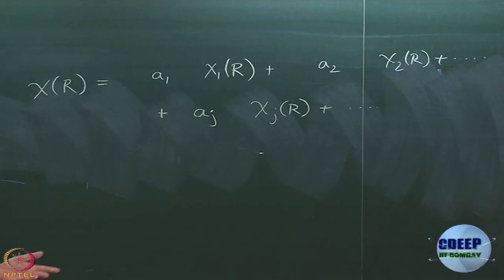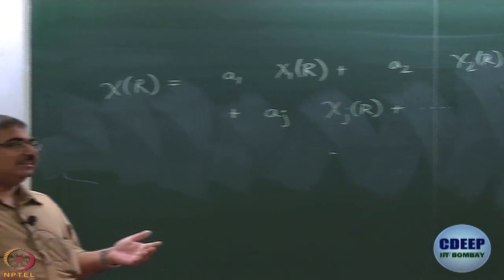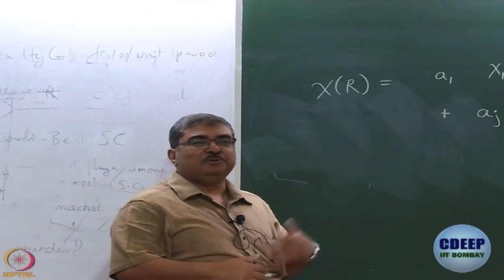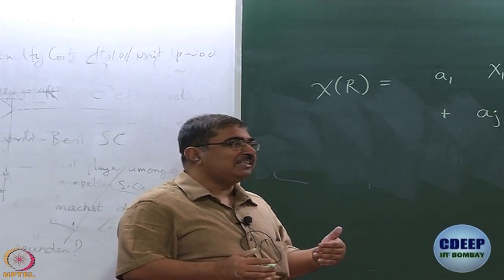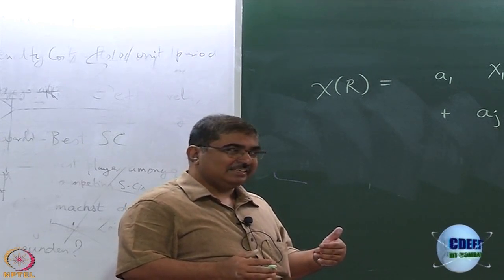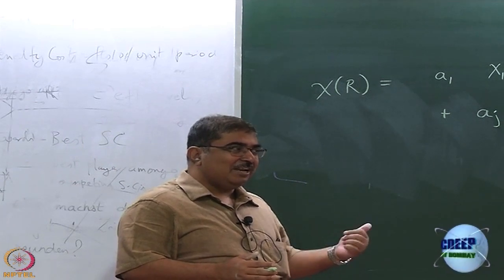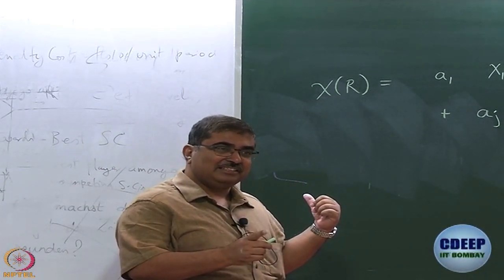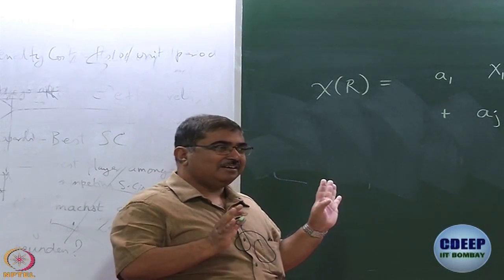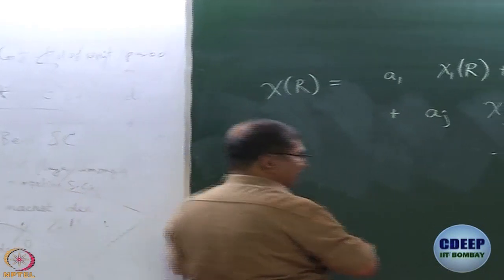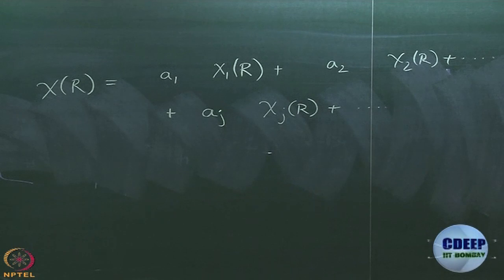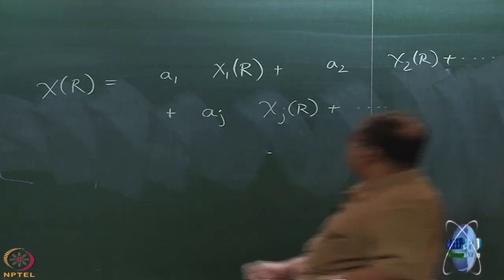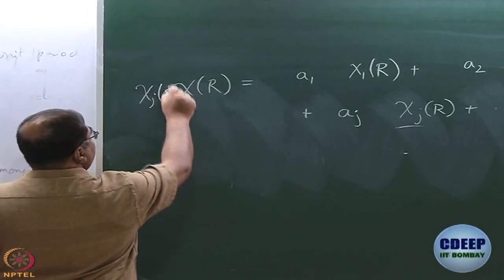So, what is a very common technique that we use all the time in quantum mechanics? When we have linear sums and we have to simplify it, make a big expression small, there is some common trick that we use all the time. So, how do we do that? We left multiply by one of these vectors and then sum over. What we will do is, we will left multiply by say this one, chi_j(R).